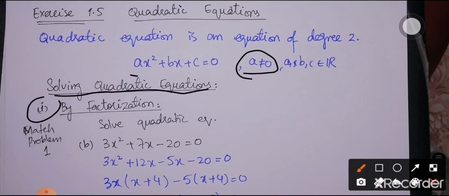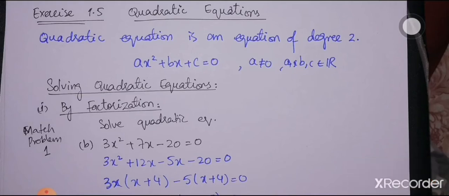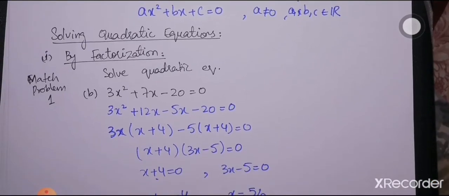So the number of solutions will always be equal to the degree of the equation. That is, cubic equations have 3 solutions, quadratic equations have 2 solutions, linear equations have 1 solution. So quadratic, that is degree 2, will have 2 values for the variable. Here we have the match problem 1.